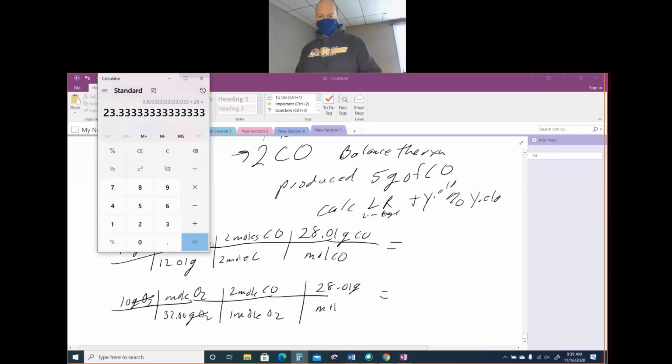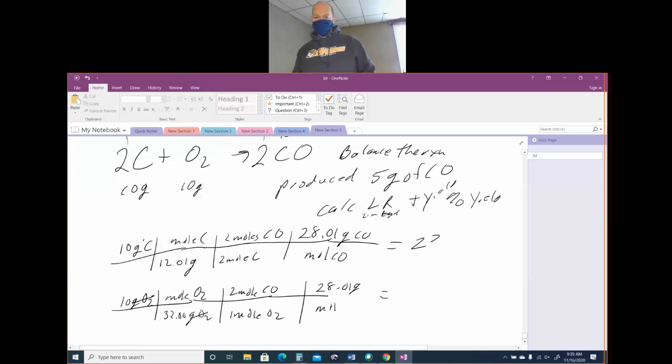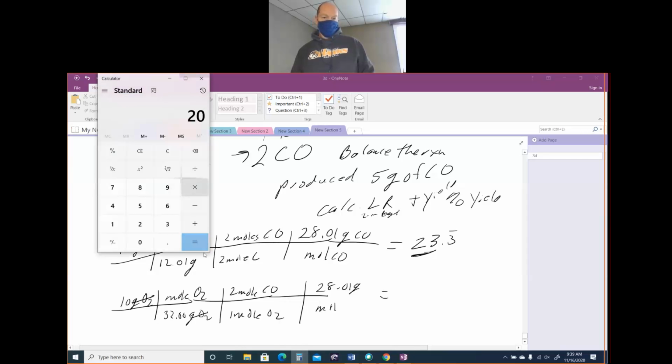All right, so this one, the 2 sig figs gives us 23. It's 0.3 repeating, but 2 sig figs in the 10 grams, we just need the 2 sig figs. 32. 17.5.